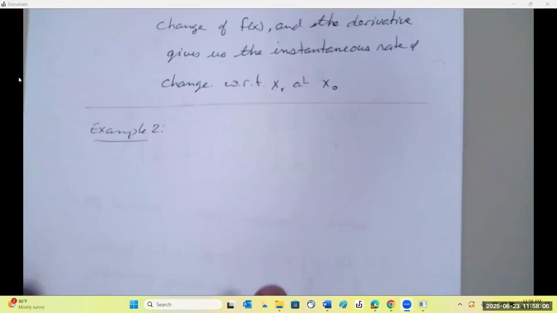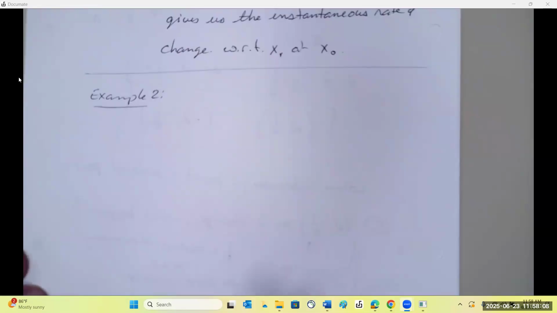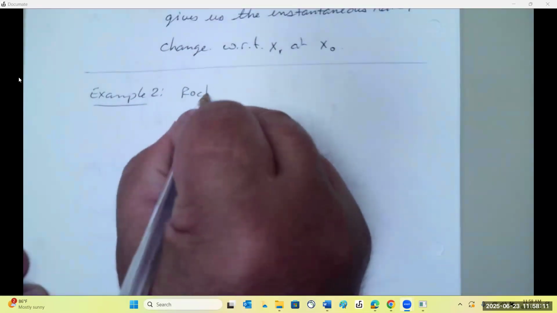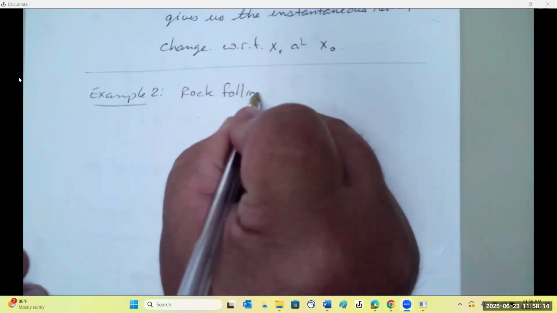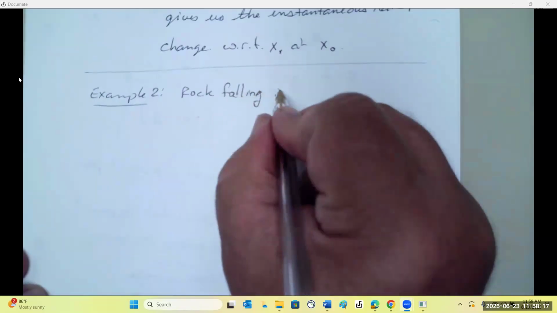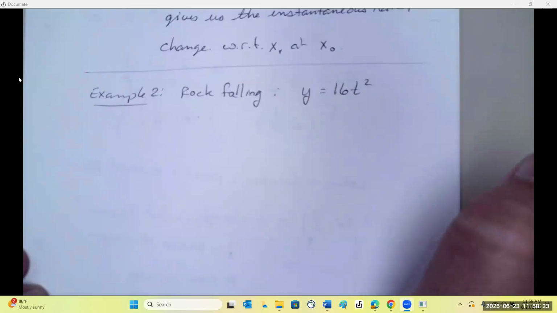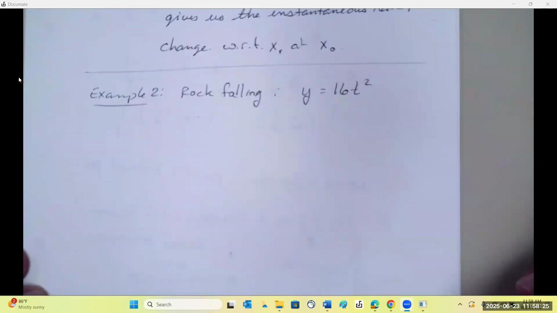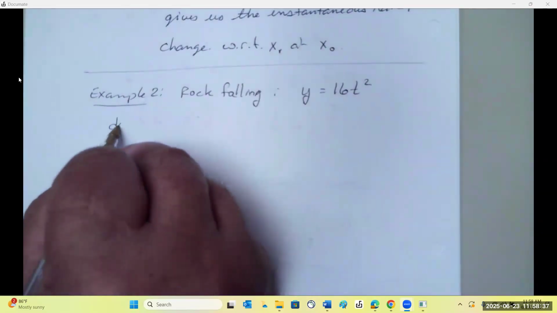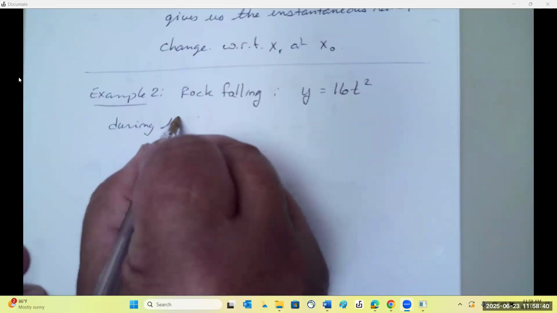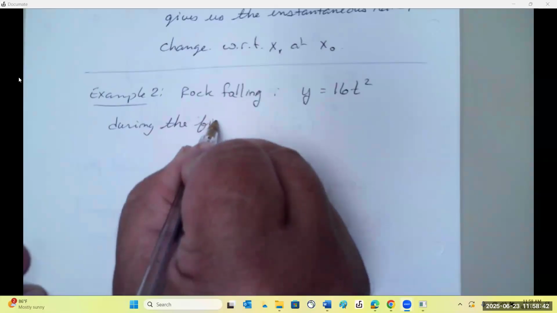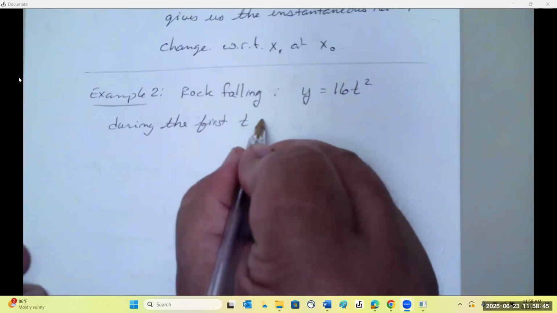Example 2. This is the rock falling. And we have y equals 16t squared. So it says the rock fell 16t squared feet during the first t seconds.